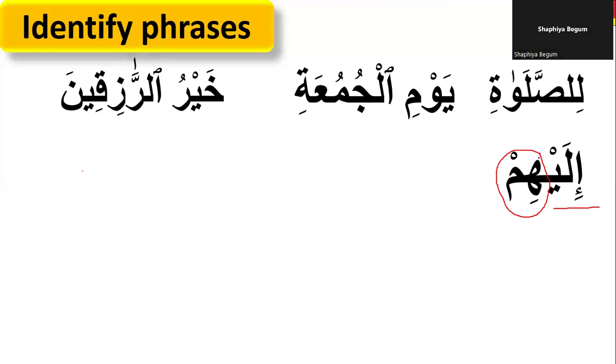an attached pronoun. And as you know, the pronouns, adjectives, adverbs and nouns, they all are nouns in Arabic. So it is ism majroor. So ilayhim, I can write ilal-masjidi. Am I right?